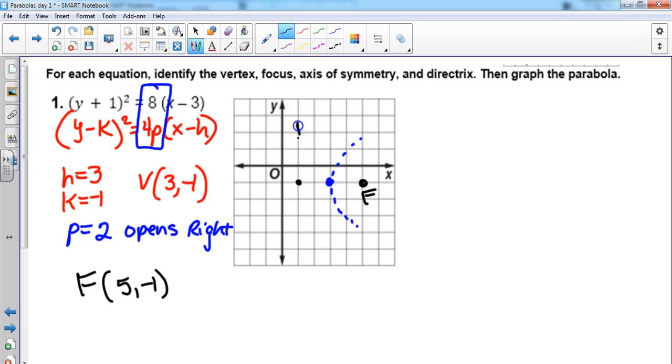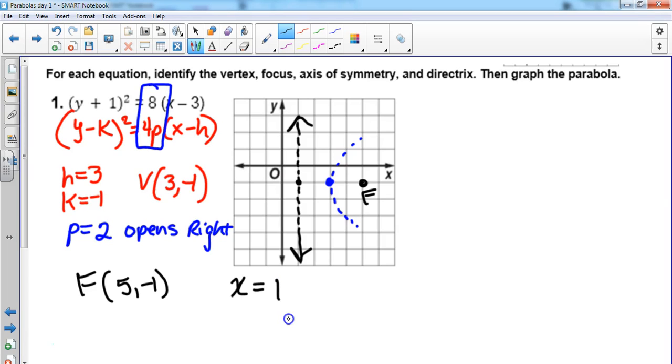It's a line. So we have this directrix whose equation is, be careful, a vertical line is always x equals, and this one is 2 units to the left of 3, so x equals 1.